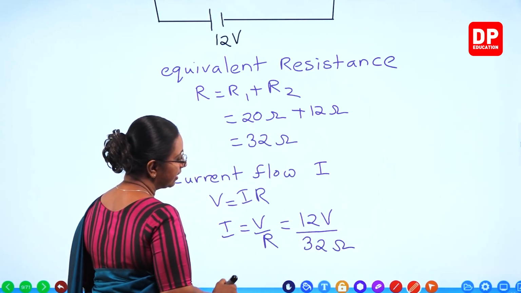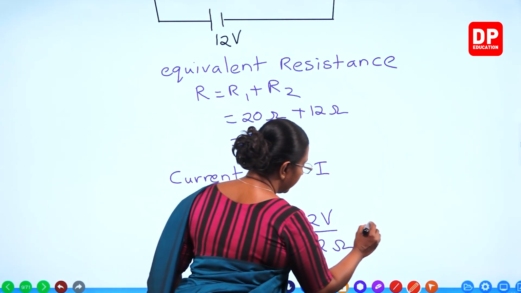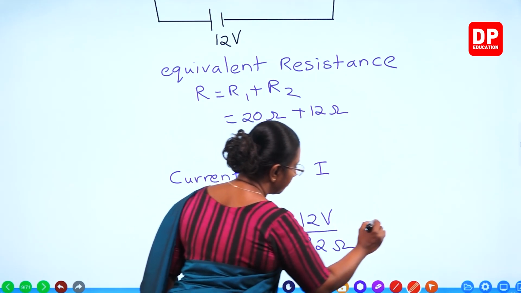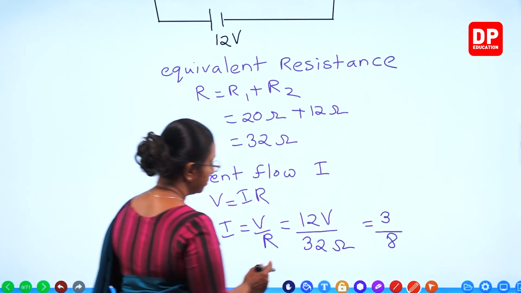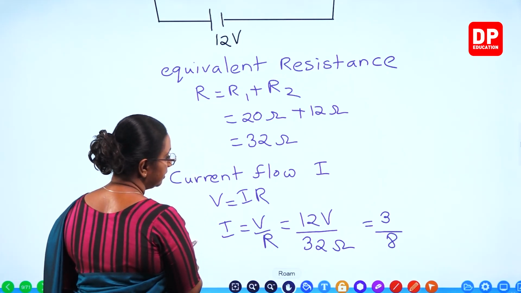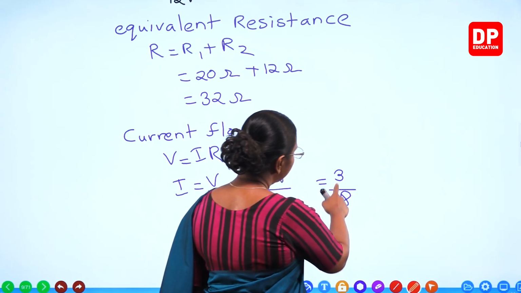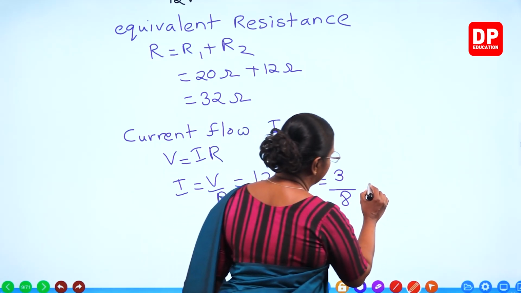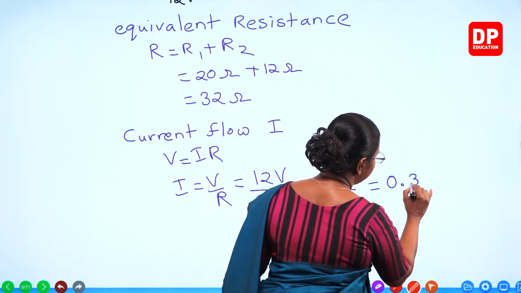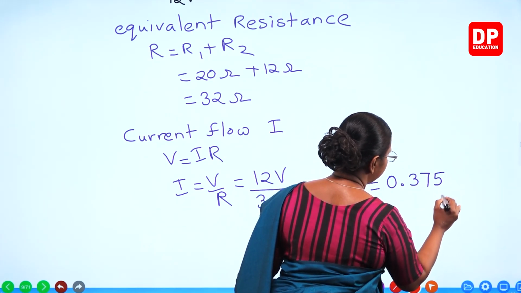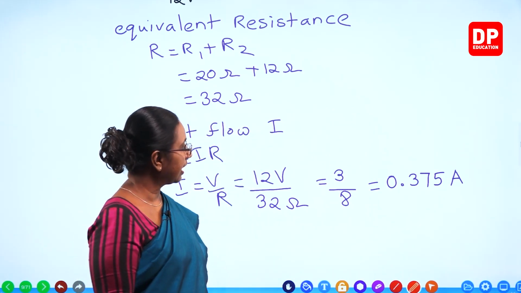So 12 divided by 32, you can simplify that to get, if you divide by 4, 3 over 8. So when we divide 3 by 8, you will get the value as 0.375 amperes. So that is going to be the current flow.